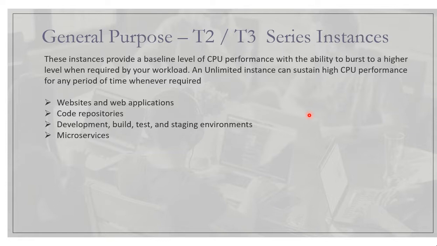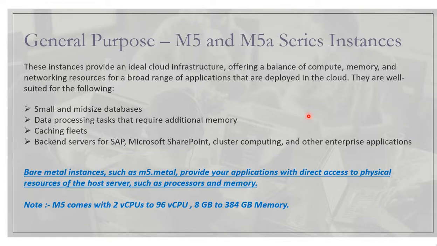Just for testing purposes, if you want to learn anything in Amazon Web Services, go for T2, and that is the reason they have given it under free tier, right? They start with one CPU and go up to 16 virtual CPUs. We will see that in more detail as well.